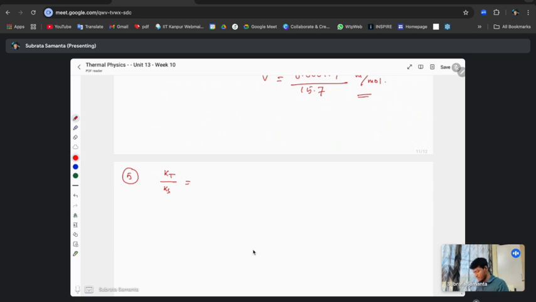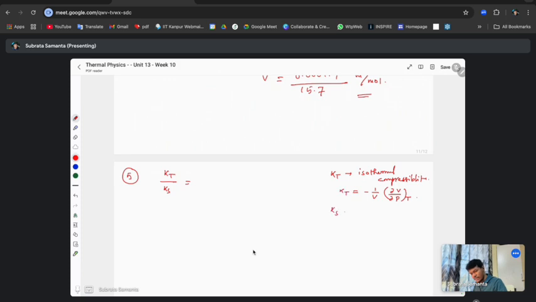So what are Kt and Ks? Let's first clarify this. Kt is your isothermal compressibility, which is defined as minus 1 over V del V over del P at constant temperature.